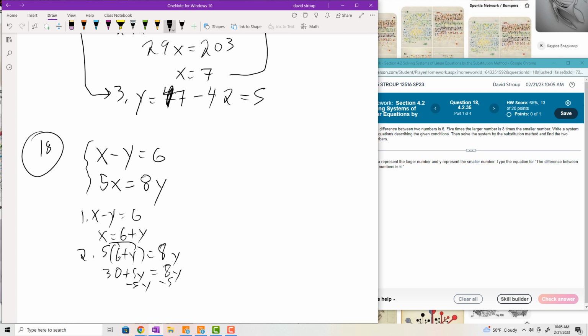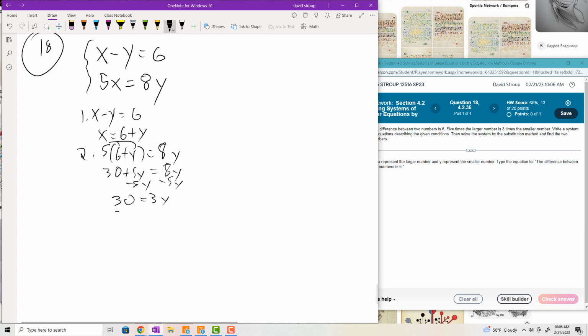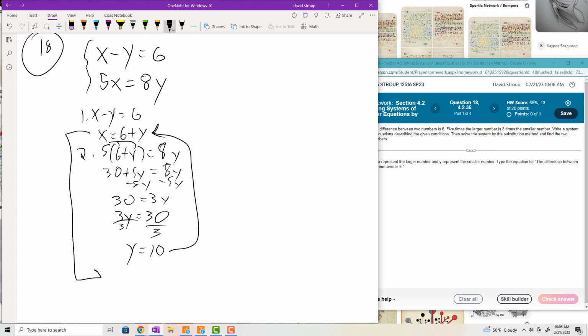Move the 5y over. So I have 30 equals 3y, or if you'd rather, 3y equals 30. Divide both sides by 3, and you get y is 10. And then back sub for our x coordinate.